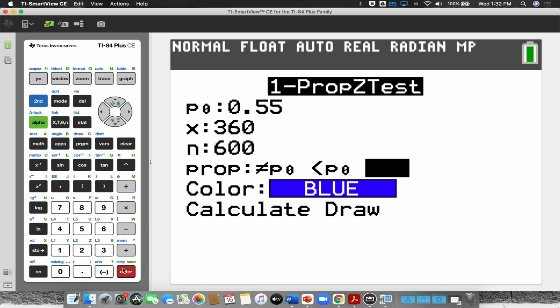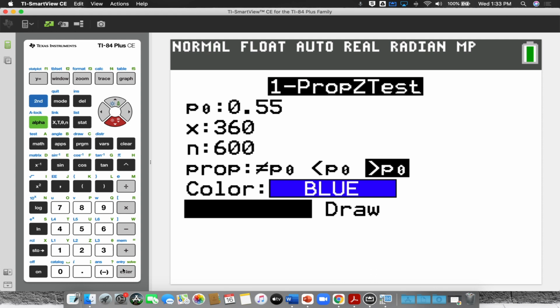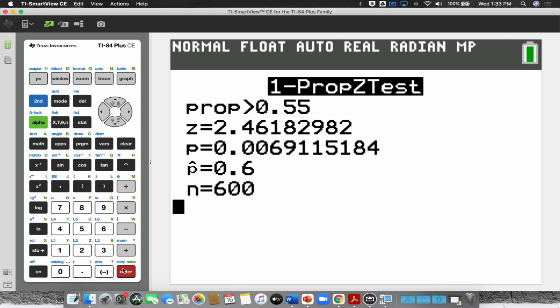So you have two options: calculate or draw. Calculate gives you a little more data. Draw gives you a picture. It doesn't matter; they both give you what we need. So our z-score for that, it's important to write it down, is 2.46.